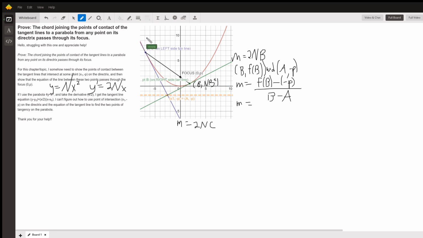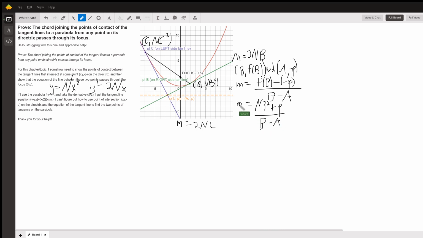And up here, if you plug in c, you find that the y value is nc squared. Okay, so this is f of b, which is nb squared, minus a negative makes this plus p, and that's over b minus a.